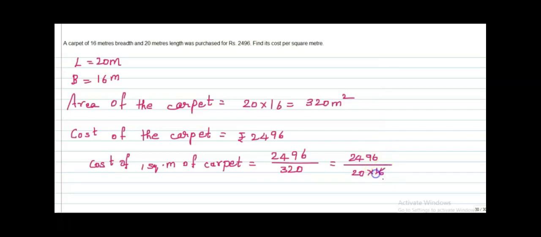We can start cancelling the common factors. 4 4s are 16, 4 6s are 24, 4 2s are 8, 4 4s are 16. Again we can cancel. 156 by 20, or it's going to be 7.80 rupees. So the cost per square meter is 7 rupees 80 paise.